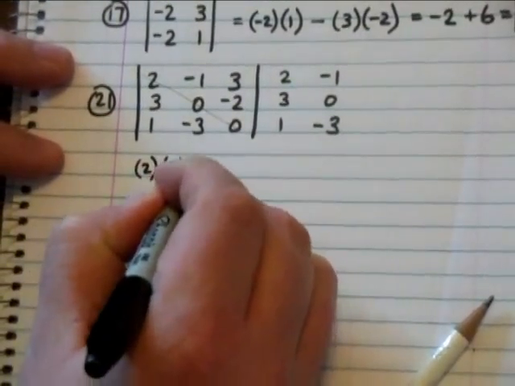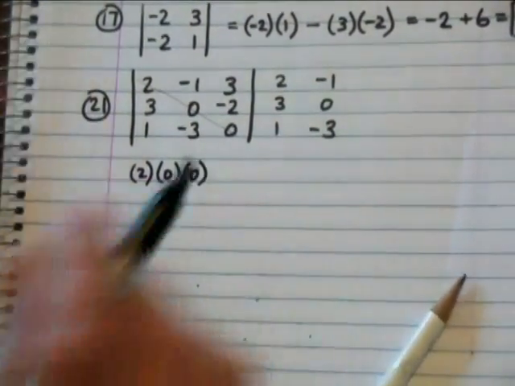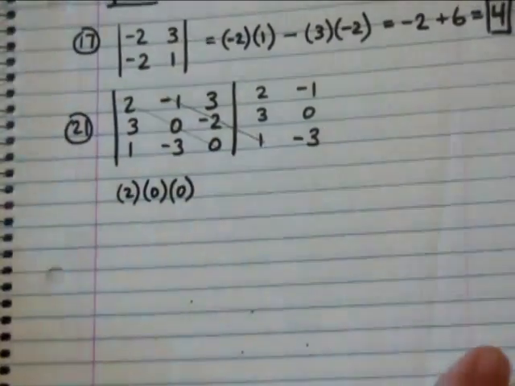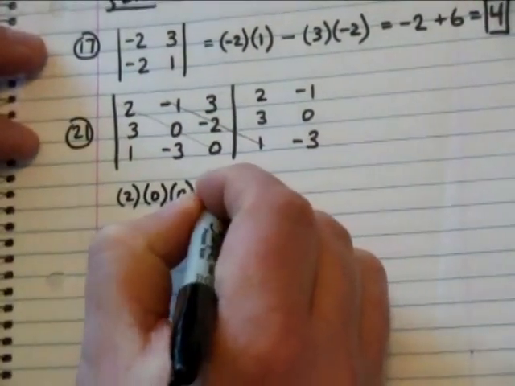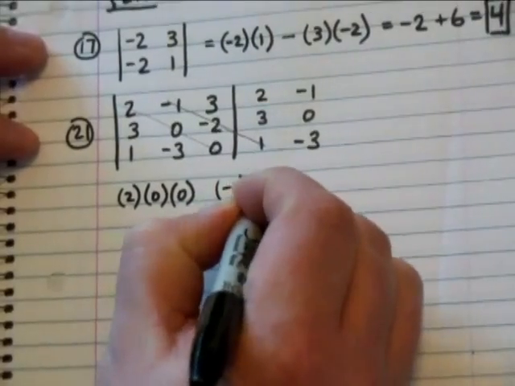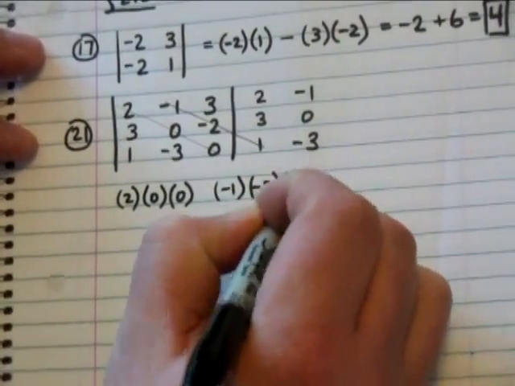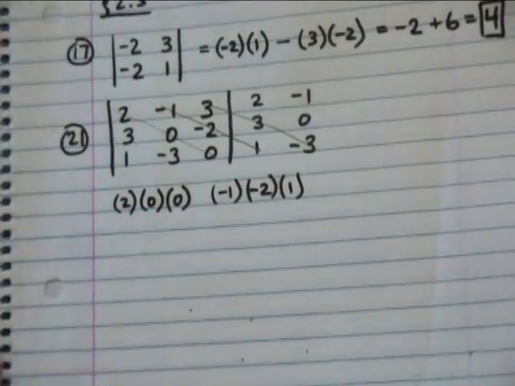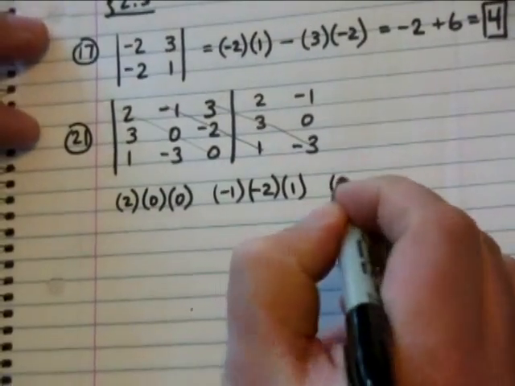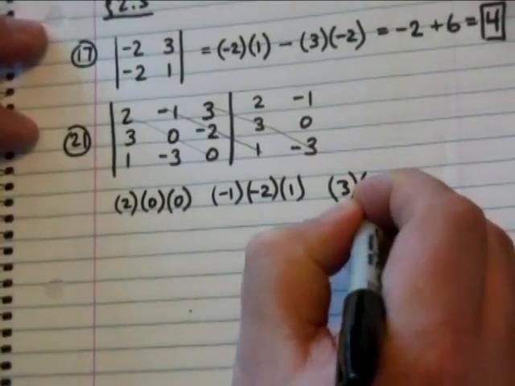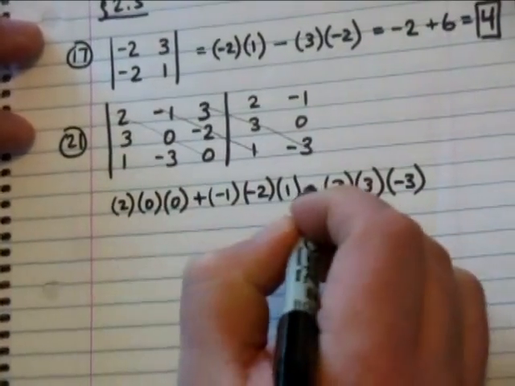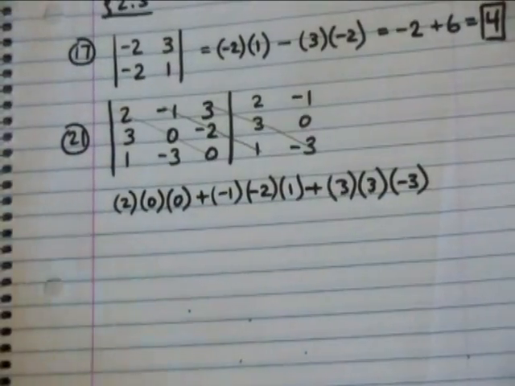Then, any diagonal that goes in this downward direction, when you multiply those numbers together, you will put a plus in front of that product. So you see here I've got my 3 different diagonals that go in that downward direction, and in front of all of them I'm using addition.